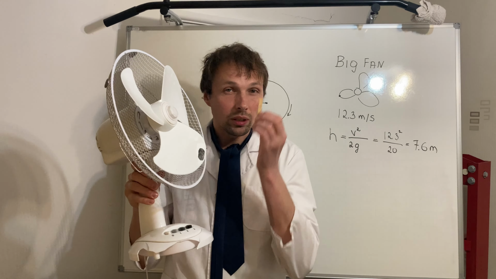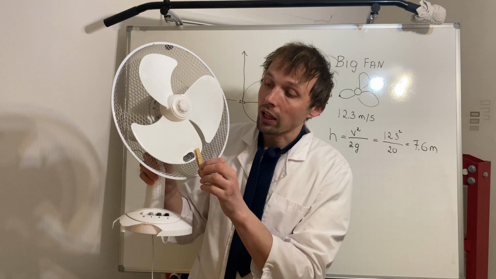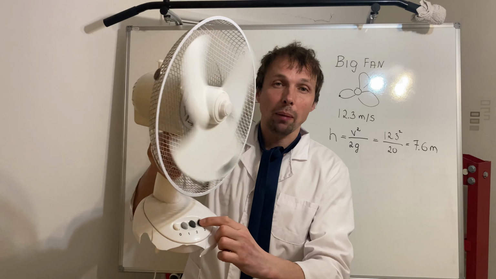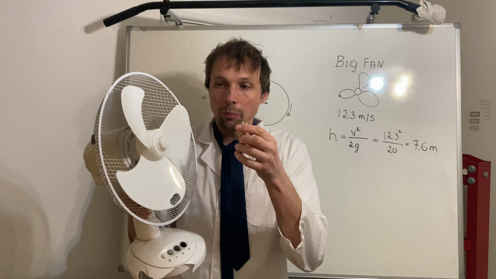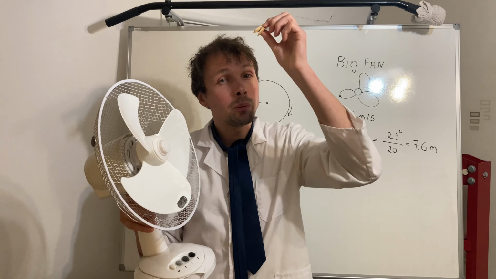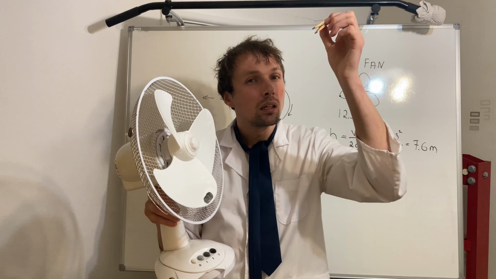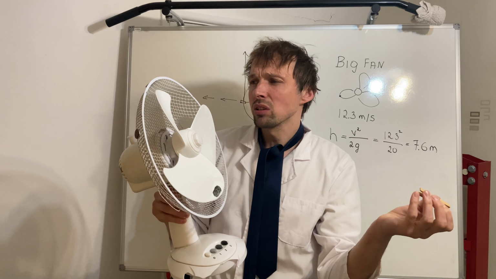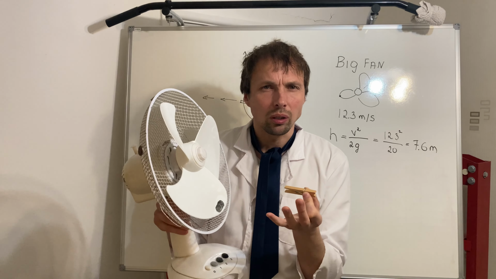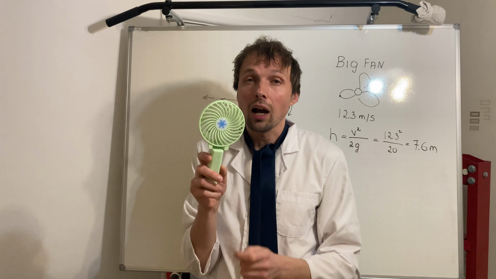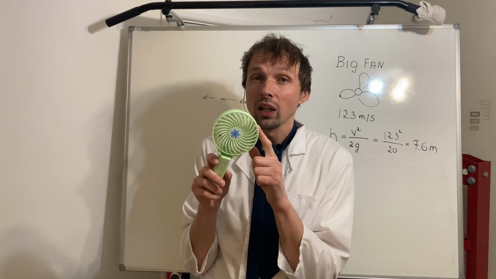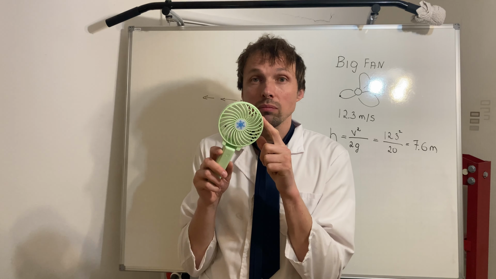Okay, so now we know that if I attach the peg to this fan like so, and then make the fan spin at maximum speed, and then the peg separates, it will fly up to 7.6 meters high, which sounds quite possible.